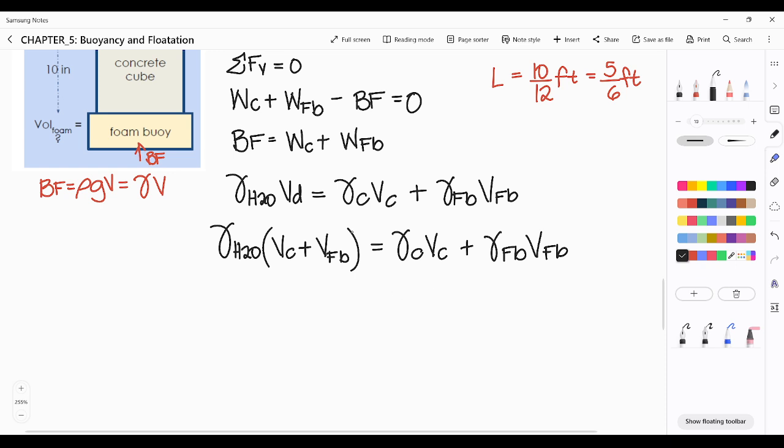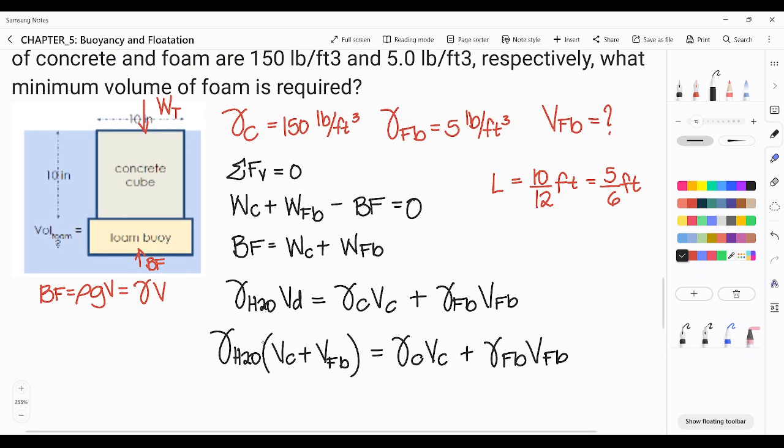From here, we can substitute. We all know that the gamma of water in English is 62.4 pound per cubic feet. We also have the gamma of concrete. We also have the gamma of our foam buoy.